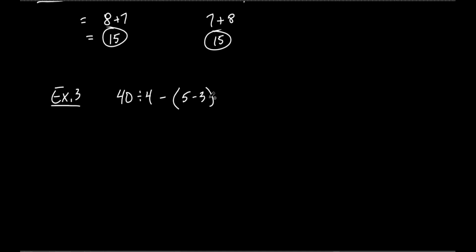Again, it's still fairly simple, but we're getting a little bit more advanced as we go on. So go ahead and try that on your own. Make sure you show your steps.